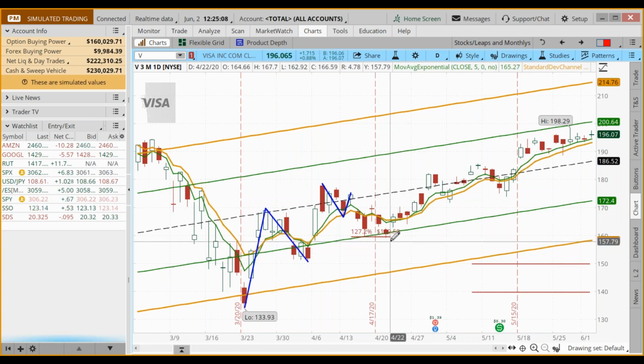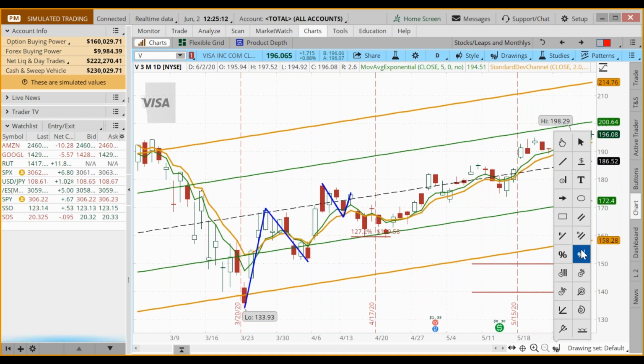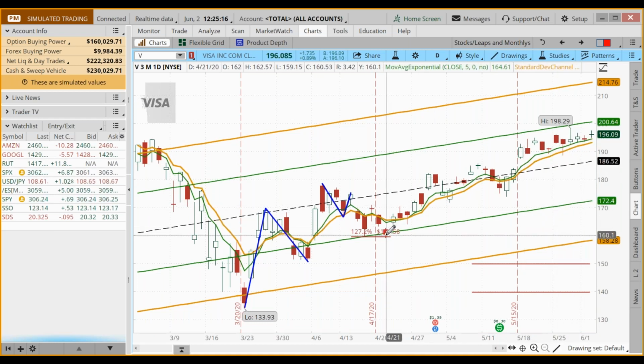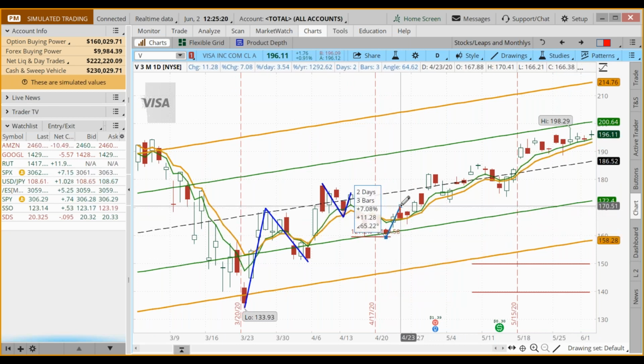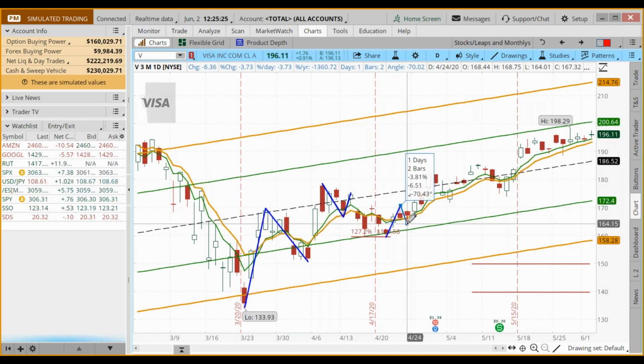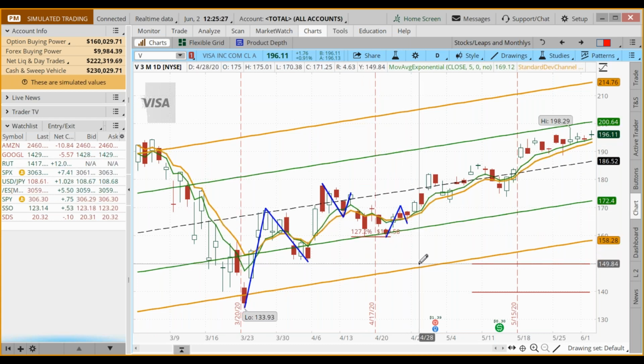All right. So then we go from here to here, and here to here. That is a tradable move right here, because we've established that we're in an uptrend.